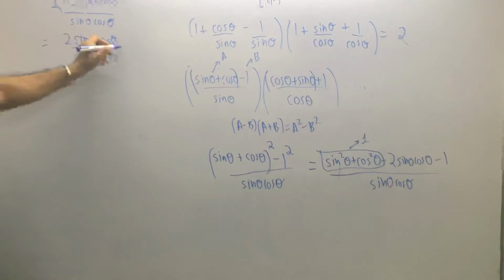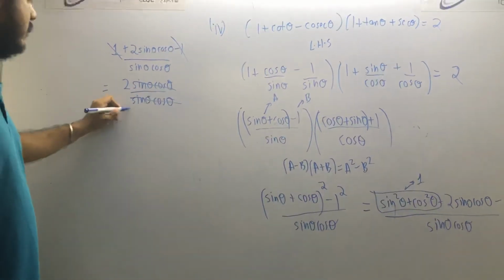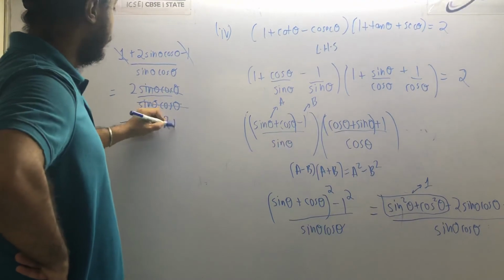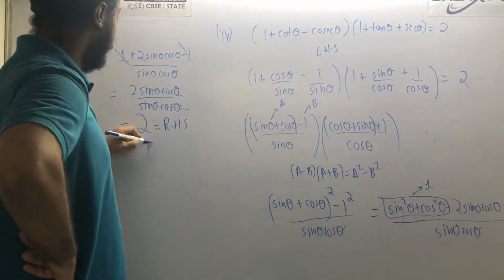So you can cancel sin theta cos theta. So you will get 2, which is equal to RHS. Hence proved.